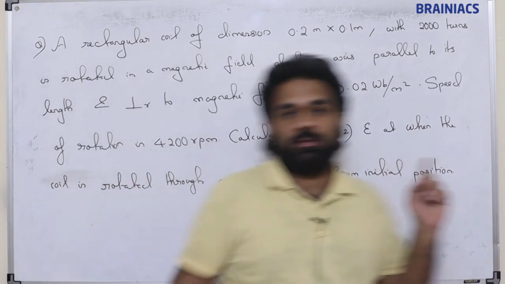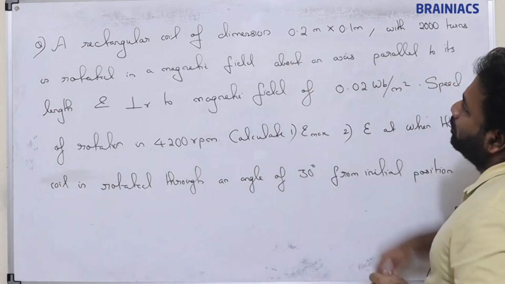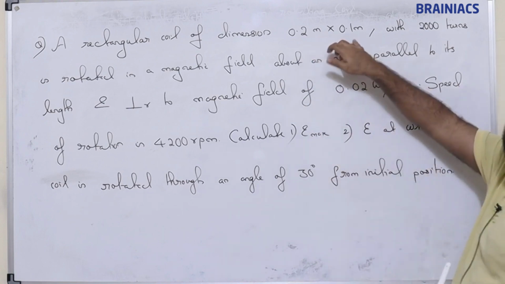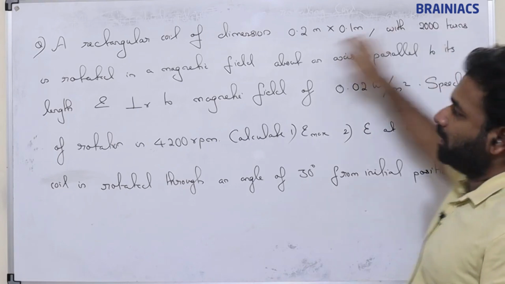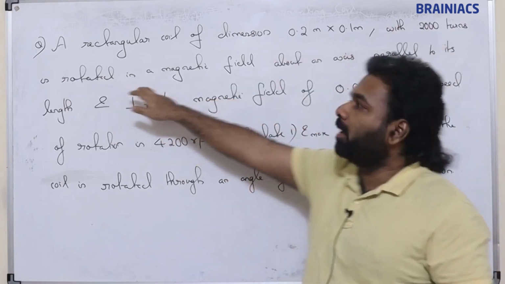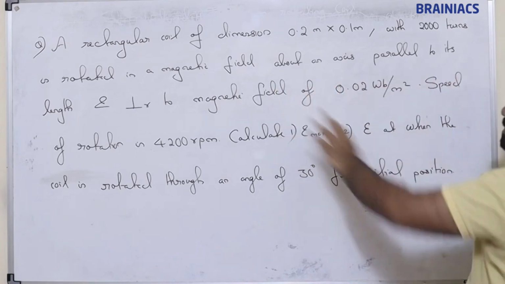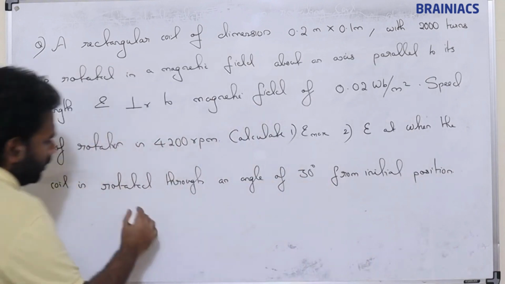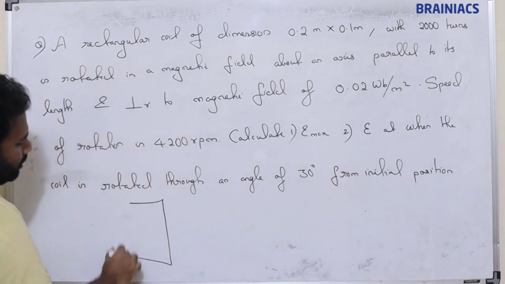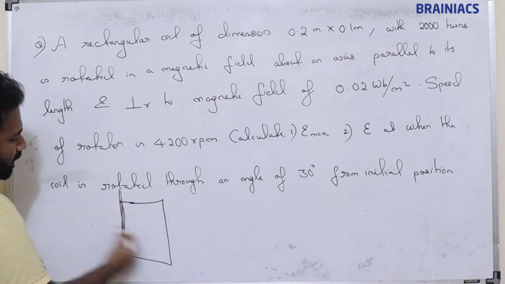Okay, read this question, children. A rectangular coil of dimension 0.2 meter into 0.1 meter, length and breadth, with 2000 turns is rotated in a magnetic field about an axis parallel to its length. Parallel to its length means, suppose the coil is like this, it is rotating like this.